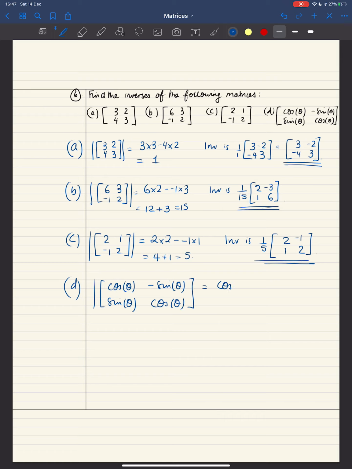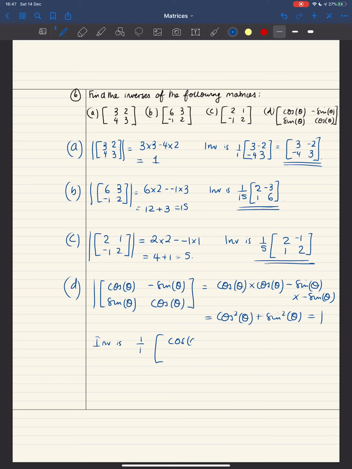So it's cos theta times cos theta minus sine theta times minus sine theta. So that's actually cos squared theta plus sine squared theta, which is 1. So the inverse for this one is 1 over 1.